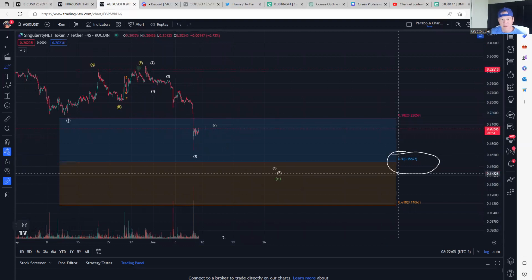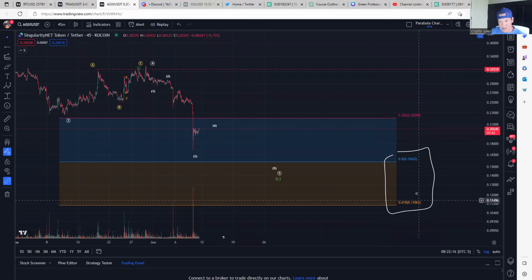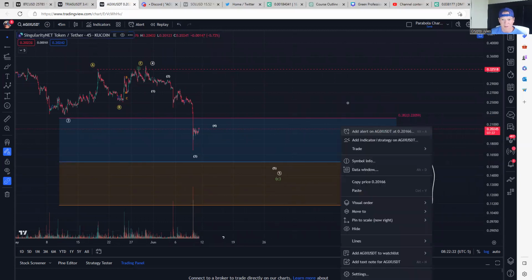Typical fib retracement levels for a 2-wave are 50% to 61.8%, which could take us all the way down to potentially 11 cents. So 11 to 15 cents is the zone that I believe we will retrace to.